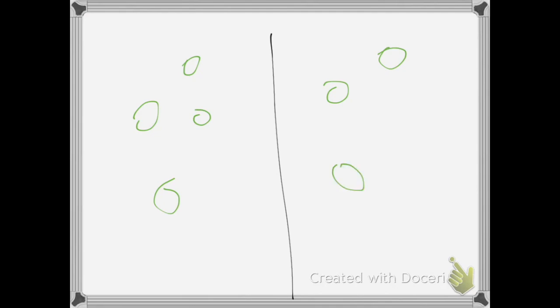So let's do another membrane, and then I'll ask you to choose which way water is going to move. I know I'm beating this like a dead horse, but we use this effect of tonicity throughout the whole class. So if I asked you, which way is water going to move, what are you going to say?